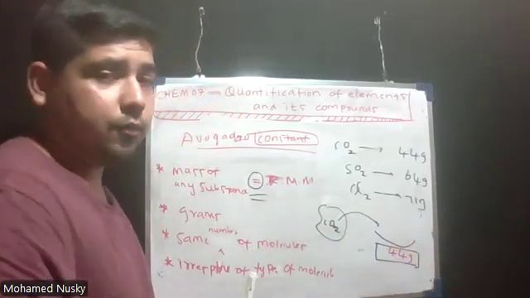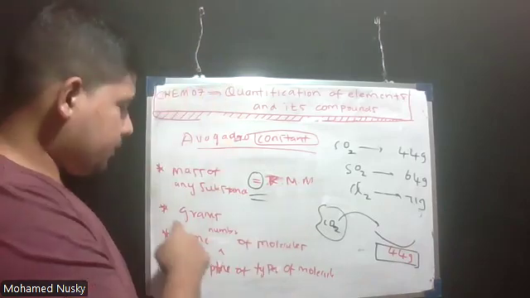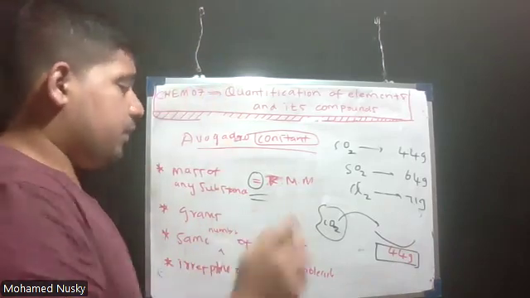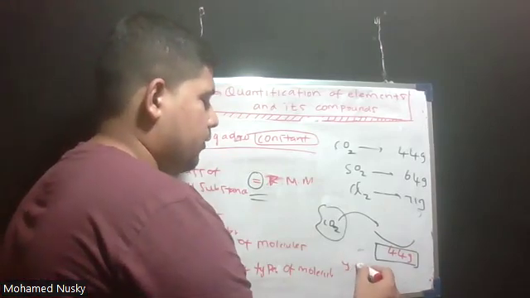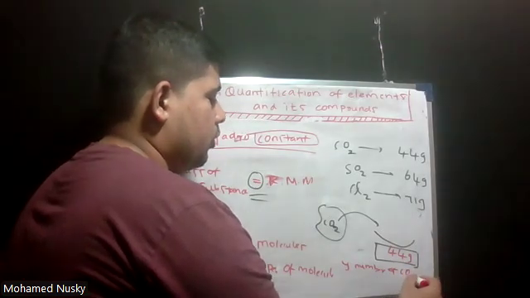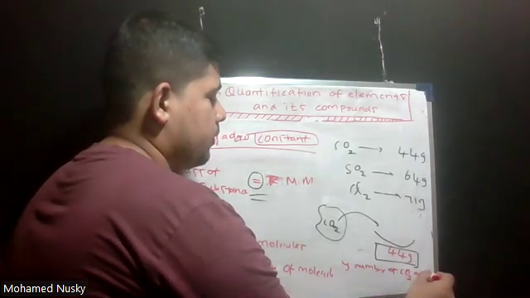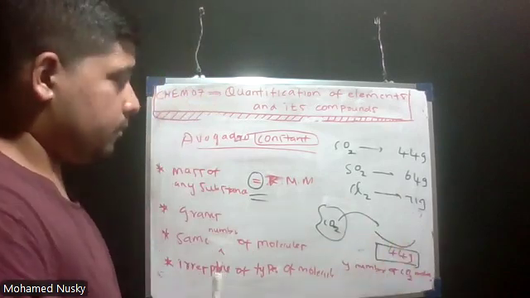In this 44 grams, there will be a certain number of molecules. Let me take Y number of CO2 molecules. Not atoms, here it's molecules.